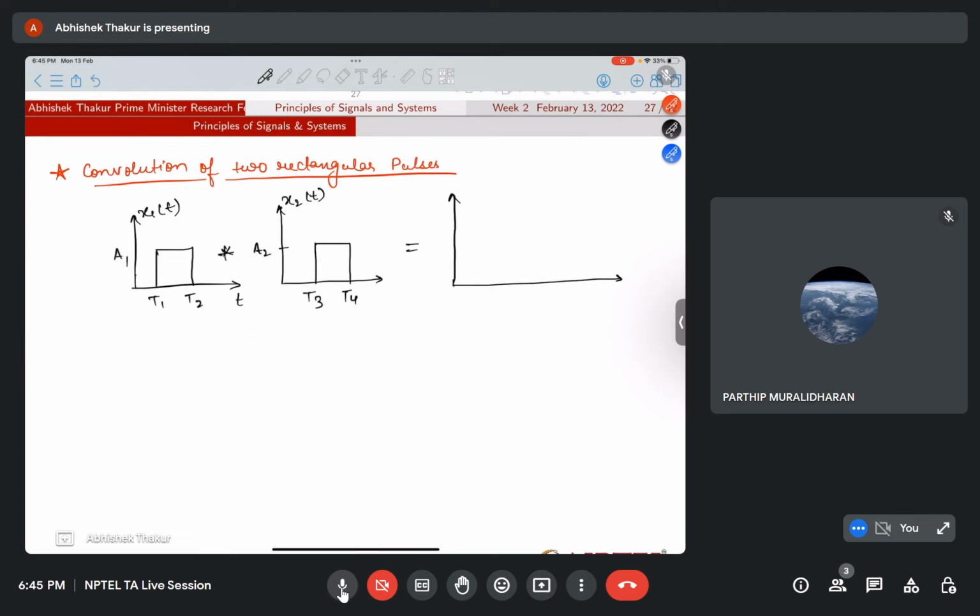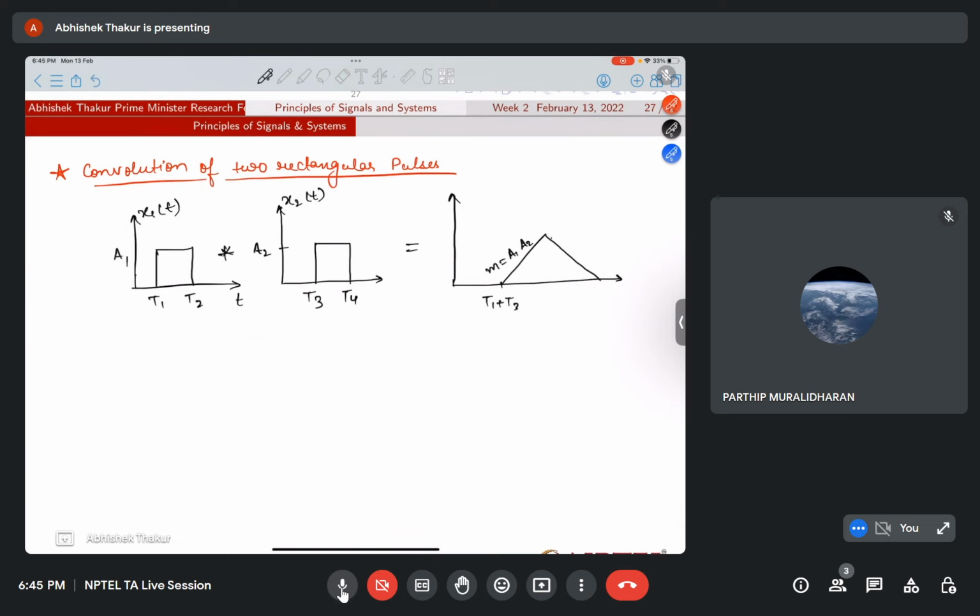The lower limit is T1 plus T3, that is the summation of both the lower limits, and the slope is m equal to A1 into A2.